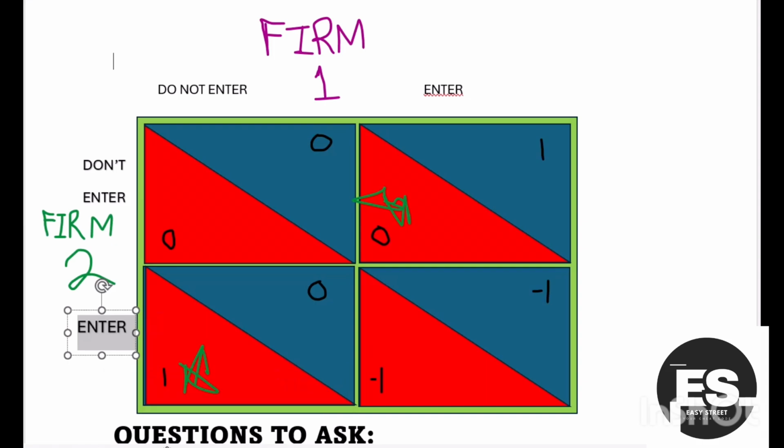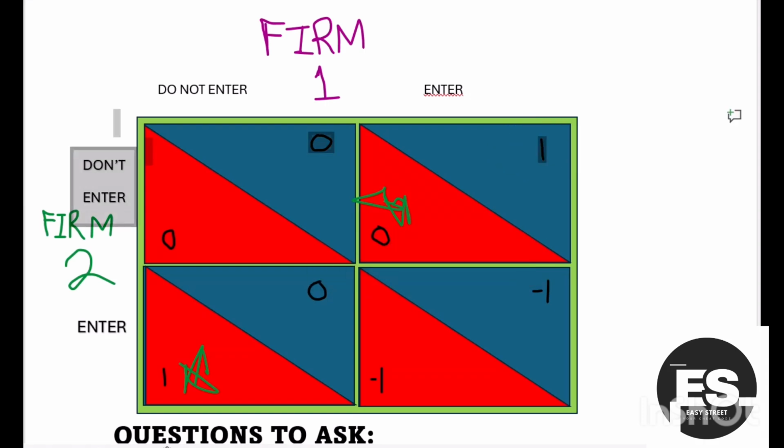Okay, cool. Now then, if firm 2 chooses to not to enter, remember firm 1 is your top corner. It's the blue. Will they not enter or enter? They maximize profits, so they will enter.